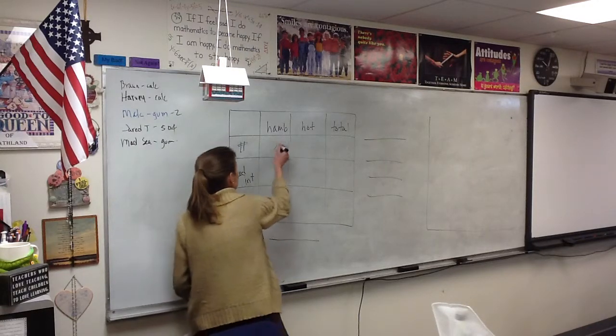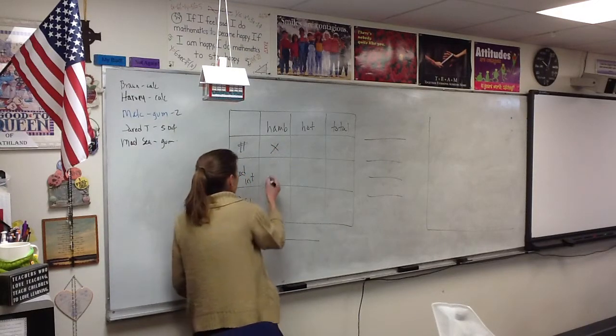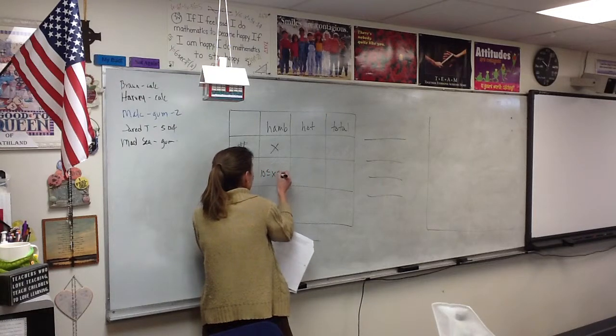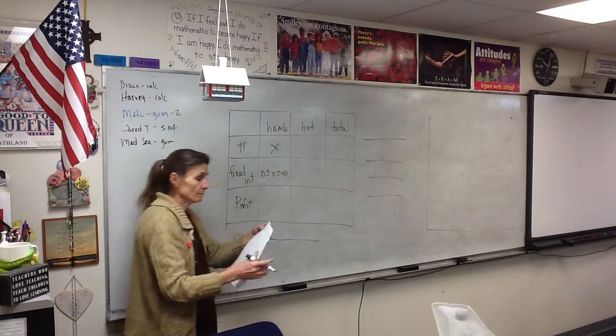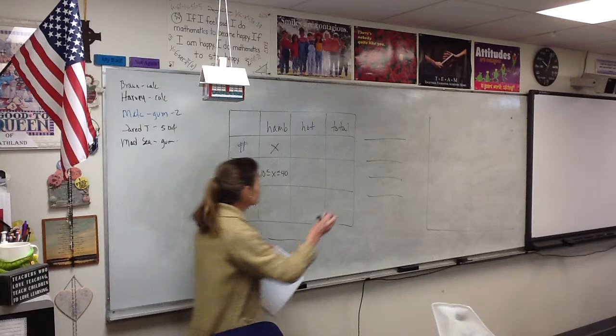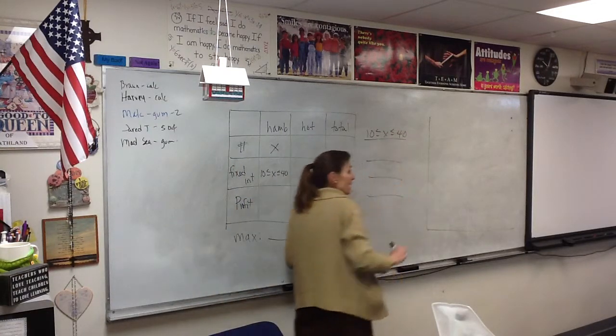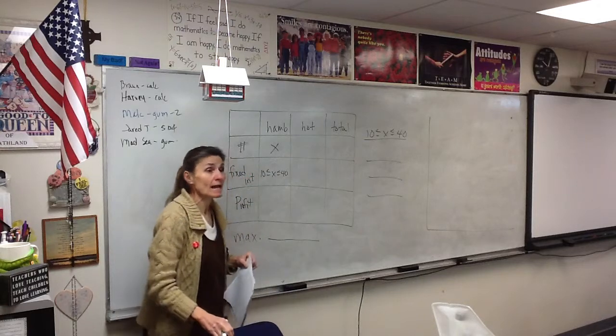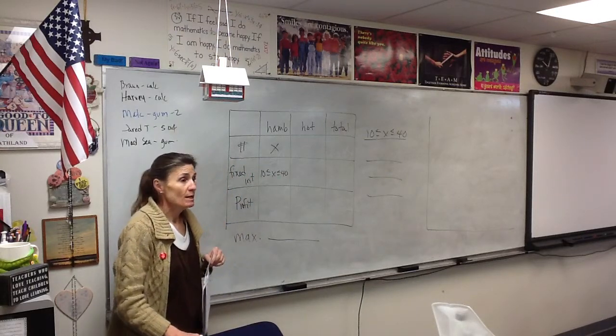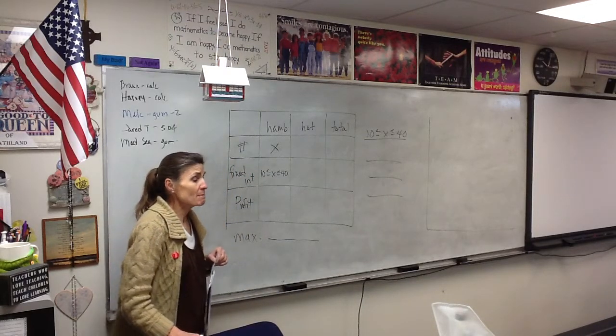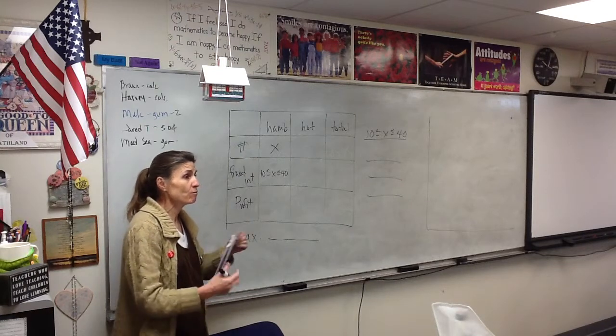If we let X be hamburgers, then you are between 10 and 40. And we're going to graph that. X has to be between 10 and 40.